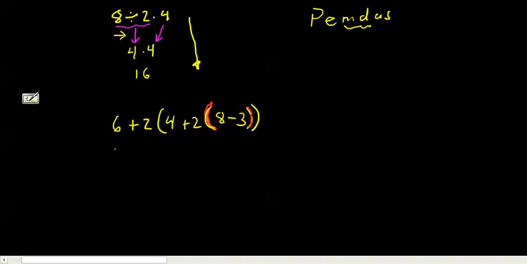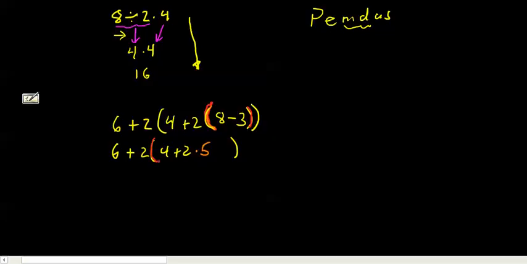So I write down the entire problem. 6 plus 2 times 4 plus 2, but 8 minus 3 is 5. So I have times 5. Then I stay inside these parentheses.